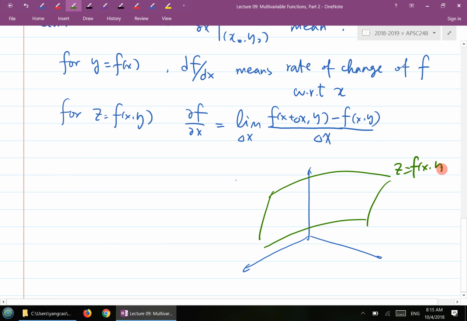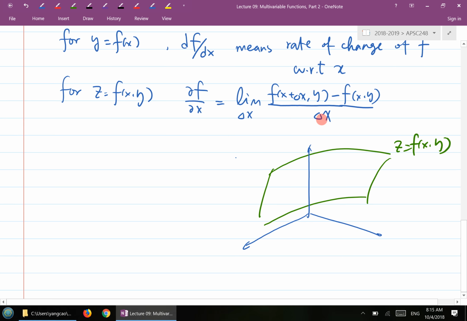Second, going back to the partial derivative definition, as I mentioned, what happens is you are changing x from the current location, slightly increased by delta x. At the same time, you are not changing the variable y.